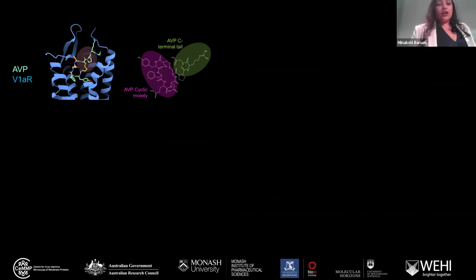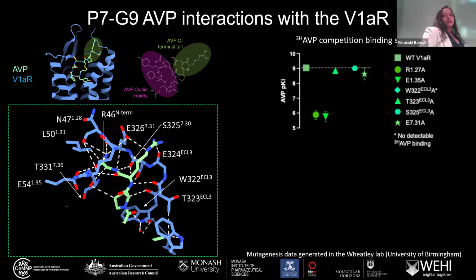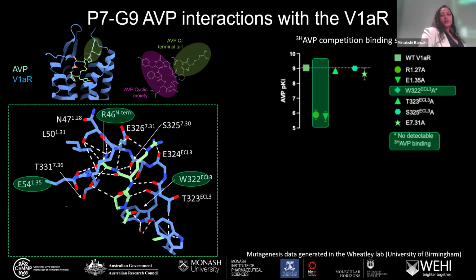Then here I'm showing the interactions of the C-tail. The C-terminal 3 amino acids of the peptide extend, as I already mentioned, towards the extracellular face, and particularly interact at the top of TM1, the N-terminus, and TM7. Again, we mutated some of these residues to alanine, and here I'm showing the loss in affinity.